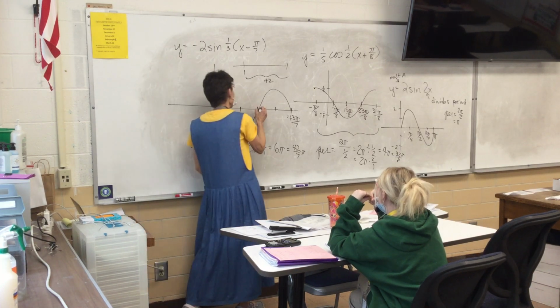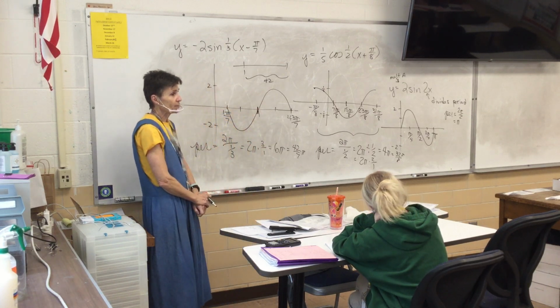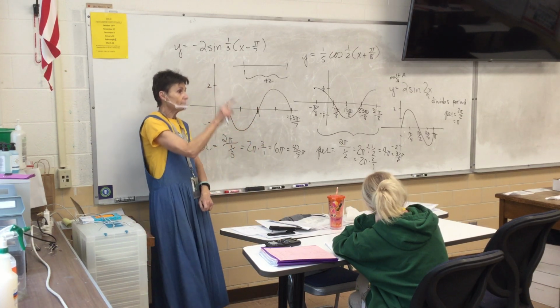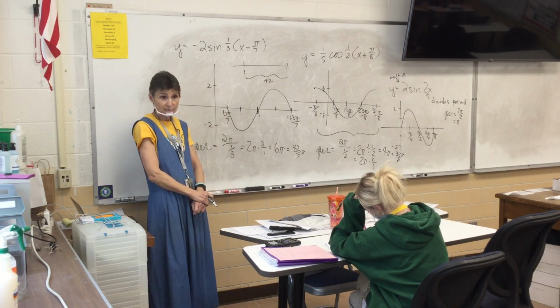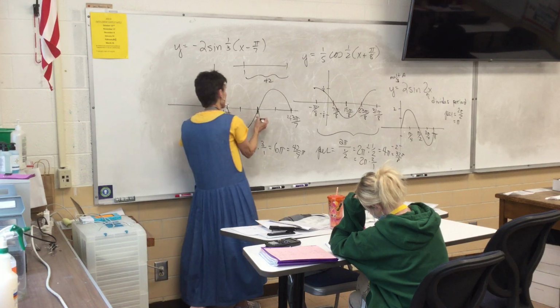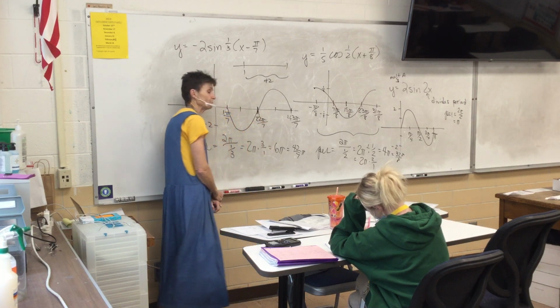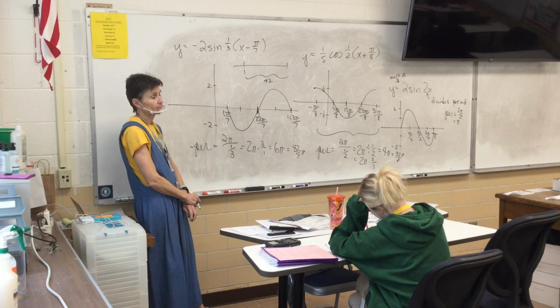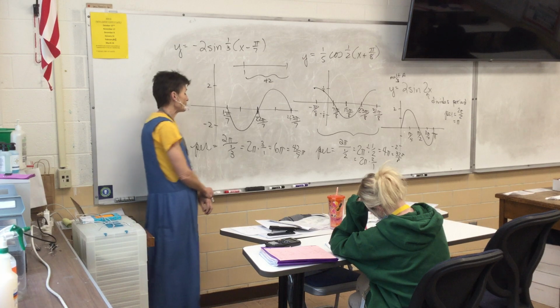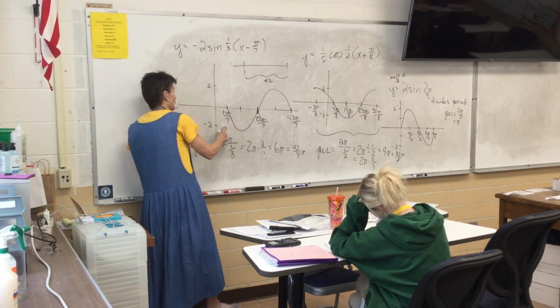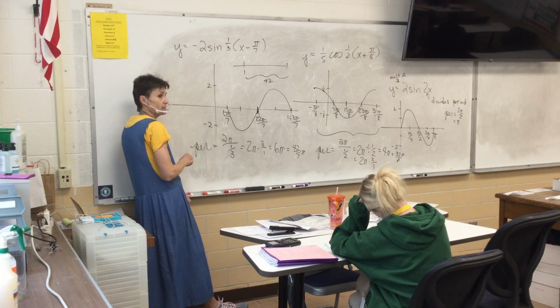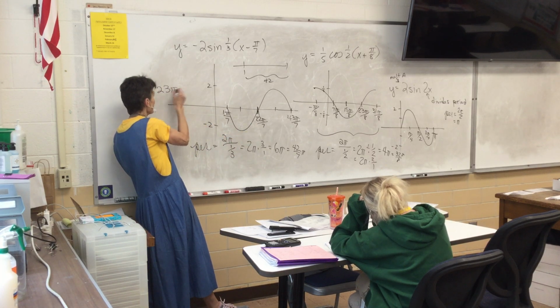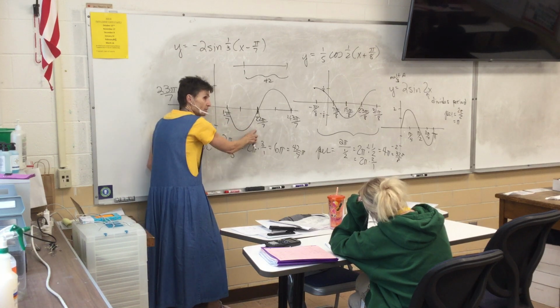Now, what is right in the middle of 1 and 43? 1 plus 43 is 44, and half of 44 is 22. So this is 22 pi over 7. Now, what's the low point? Well, 1 plus 22 is 23, so that would be 23 pi over 7 if I added those together.